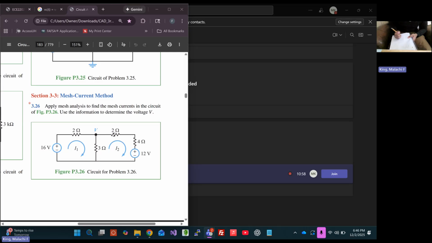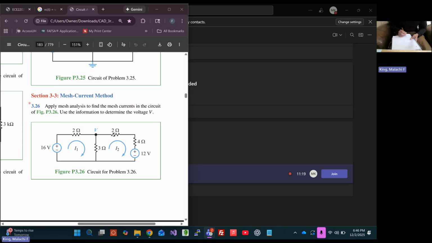I just want to show you how to do mesh current. V1 minus 16 volts over 2 ohms, plus V1 minus 0, since it's going to ground, over 3 ohms, plus V1 minus 12 volts over 4 ohms, and that's equal to 0.